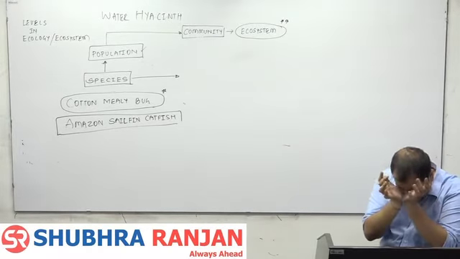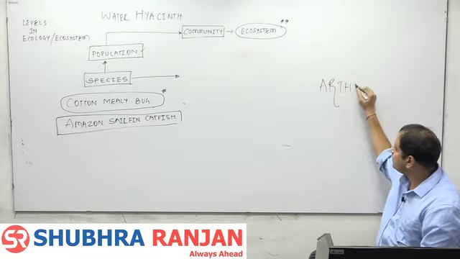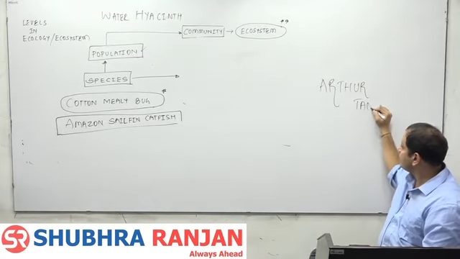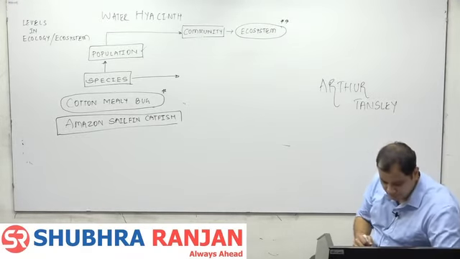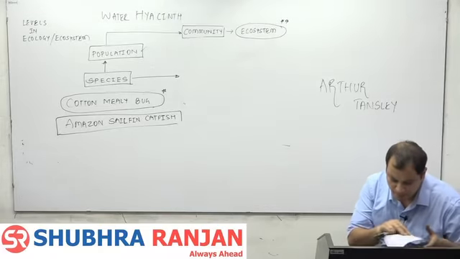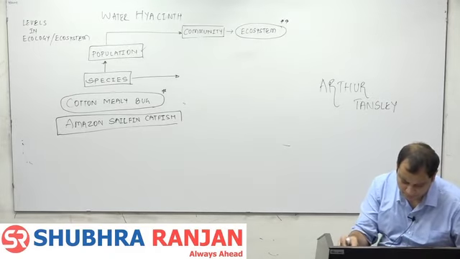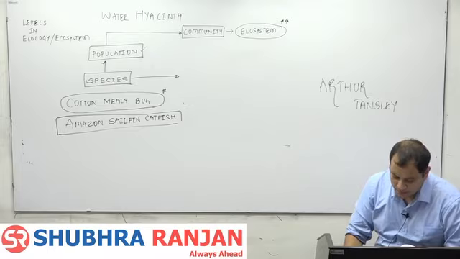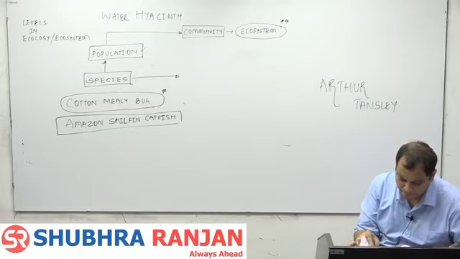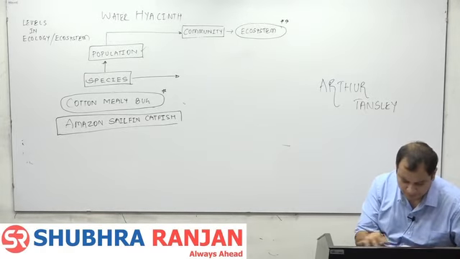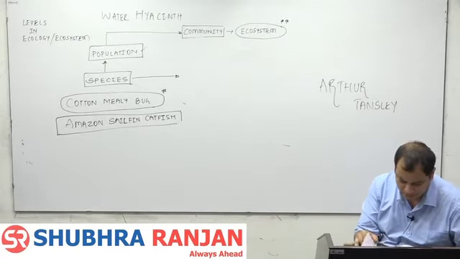The word ecosystem was coined by Arthur Tansley, which means the interaction that occurs between the biotic and abiotic components.